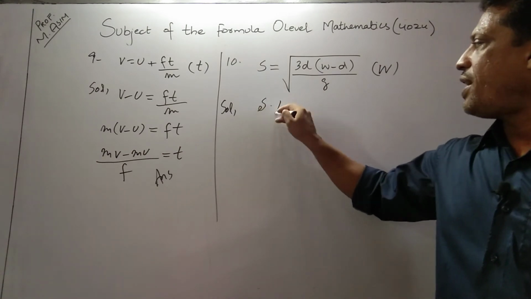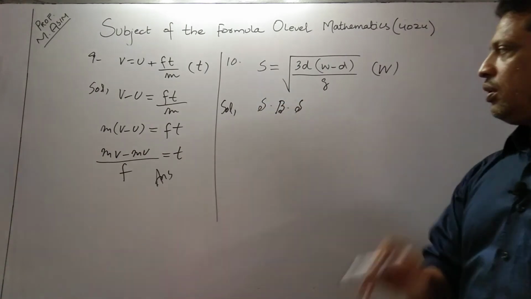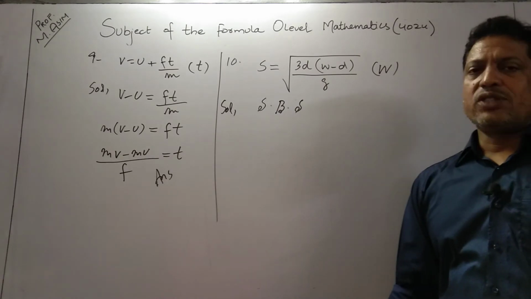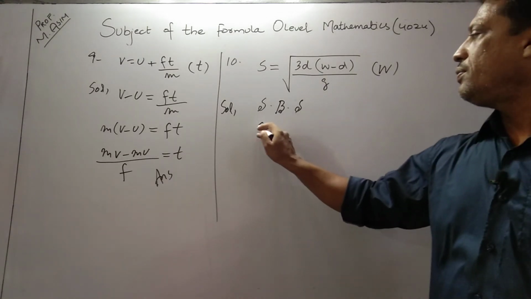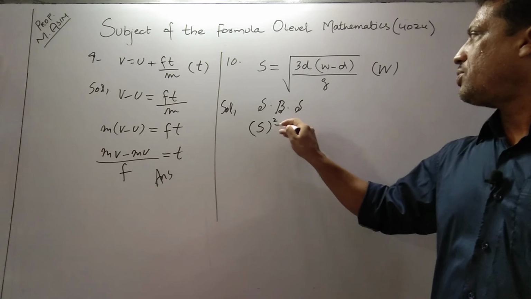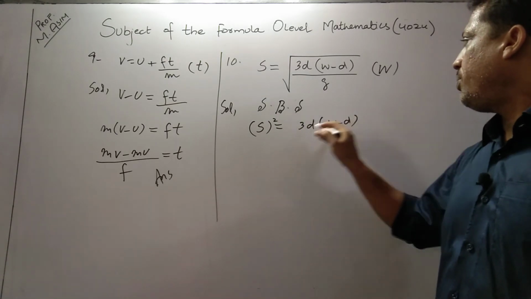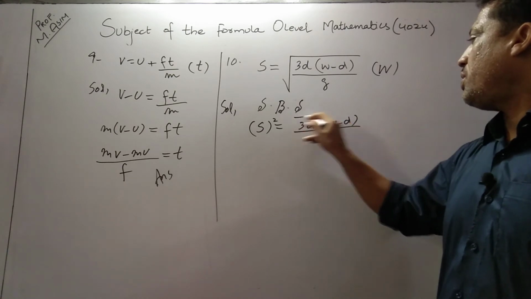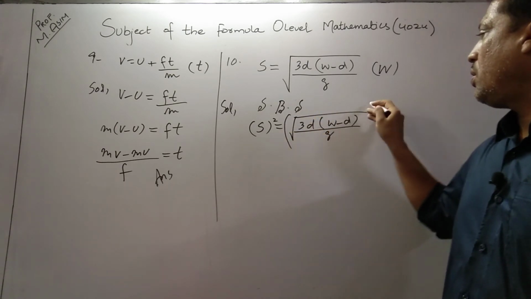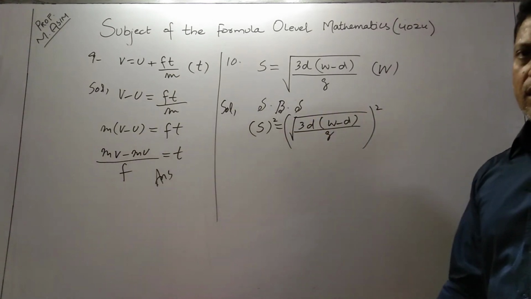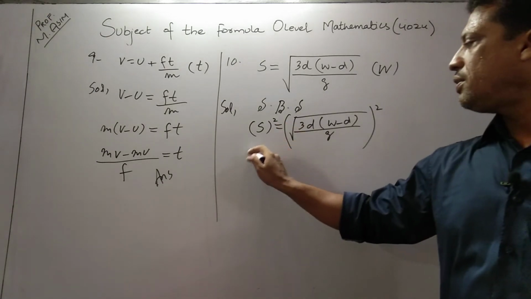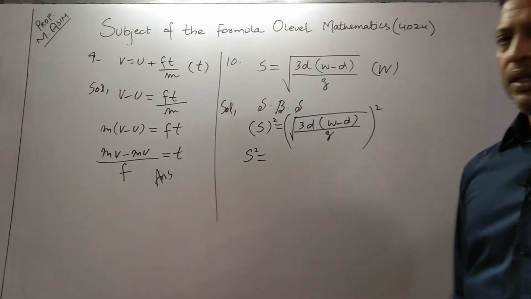So first we have to take squaring on both sides. S square is equals to 3D(W minus D) upon G, whole square. So this becomes S square.